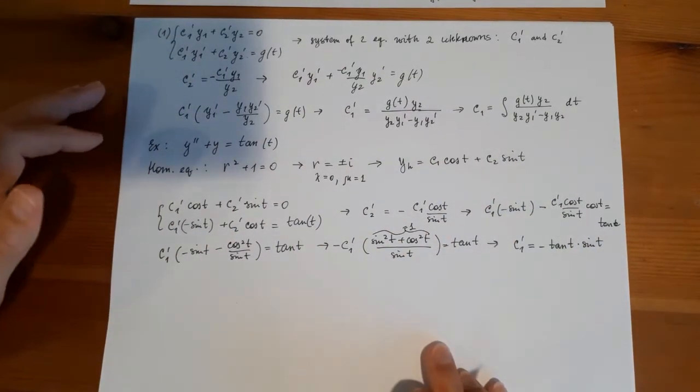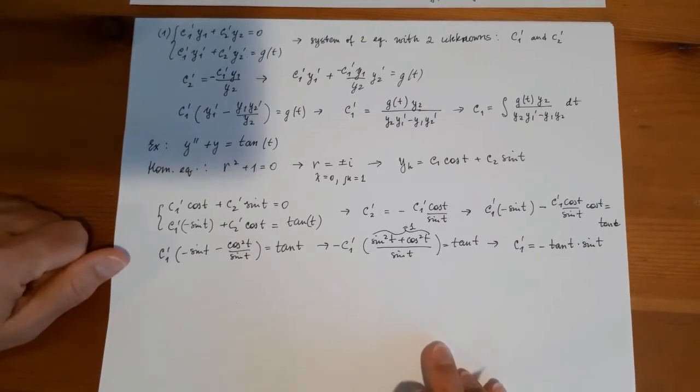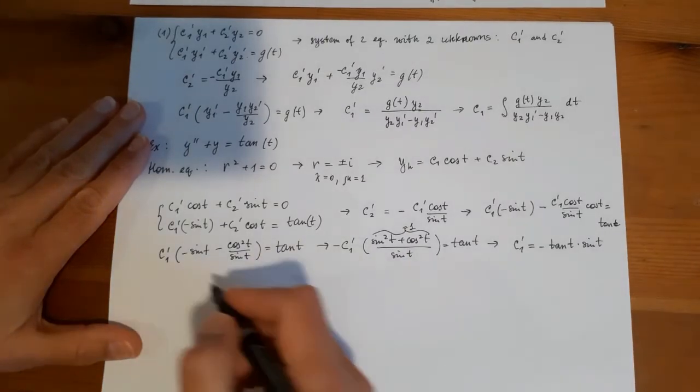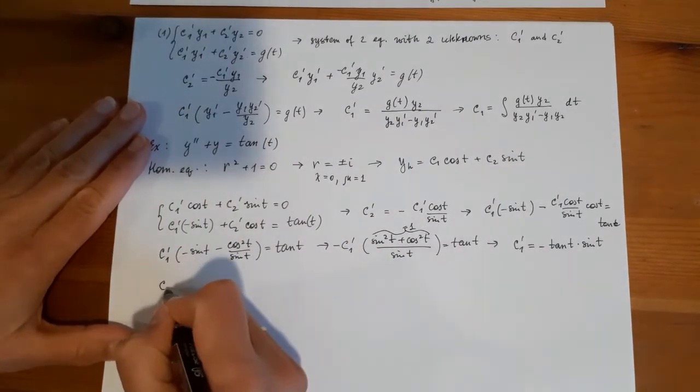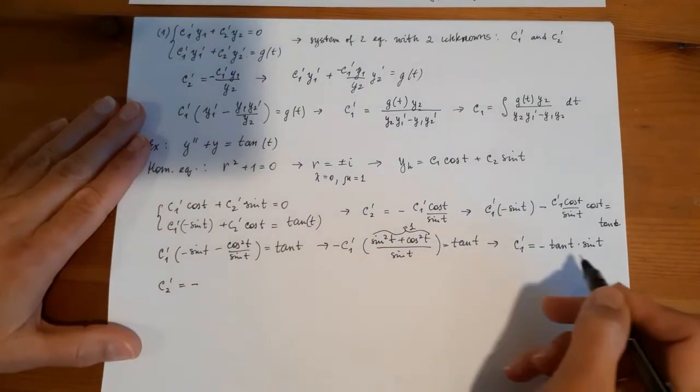What I'm going to do, guys, I'm going to find C2 prime and then integrate both of them, okay? If you don't mind, I want to leave integration to the end of the process. So according to my formula, C2 prime equals minus C1 prime, which I'm going to copy.